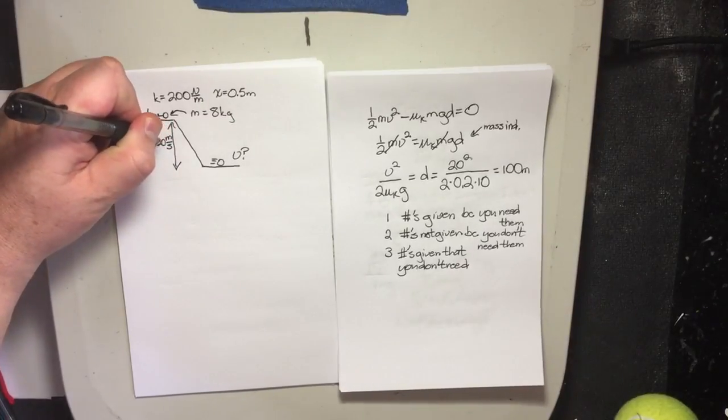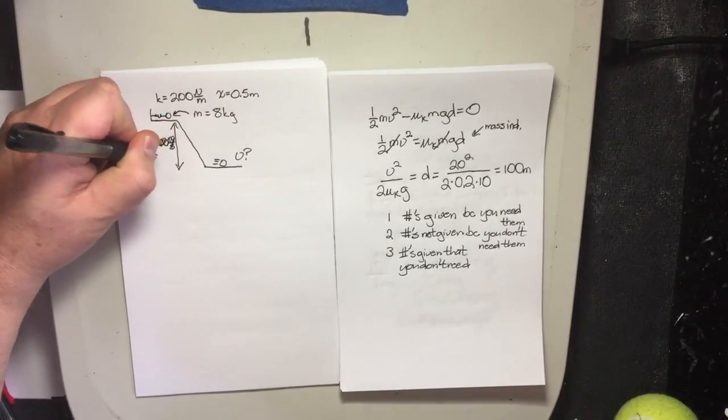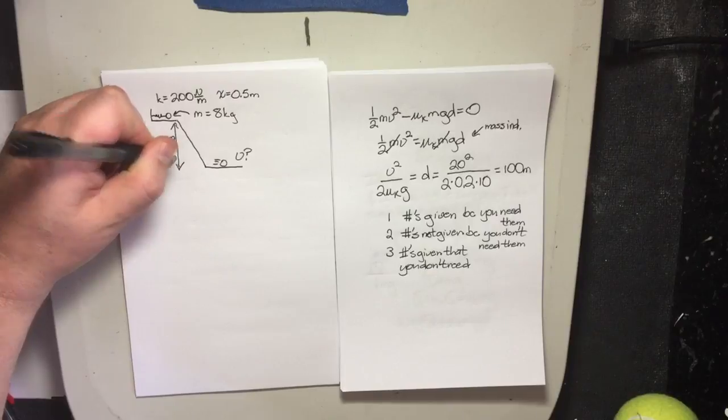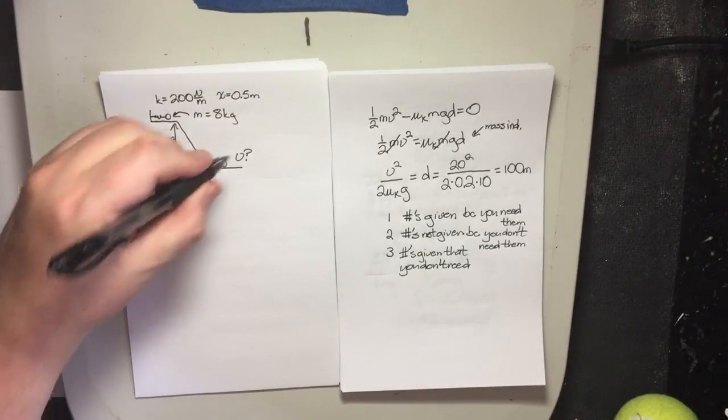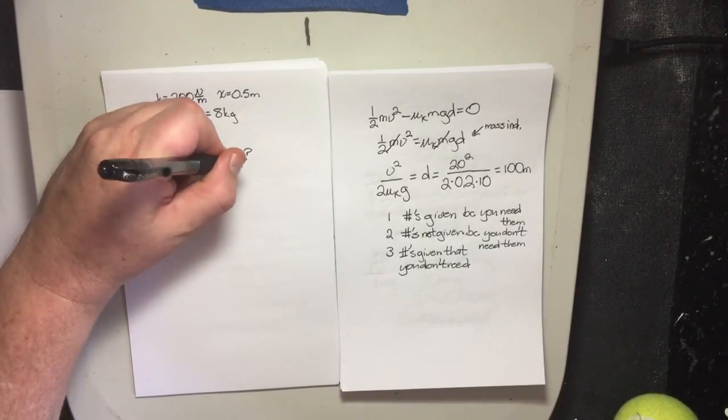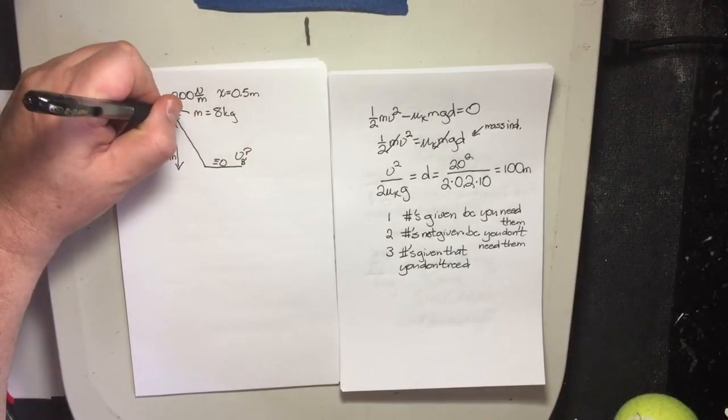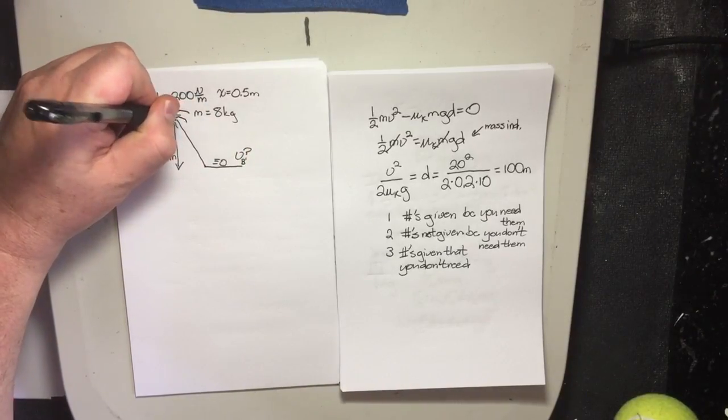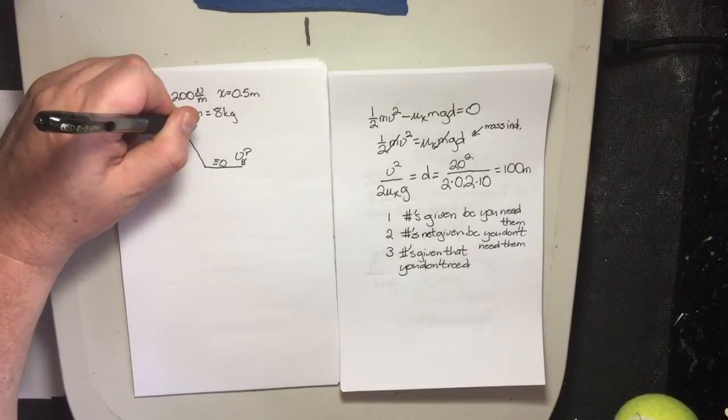Did you mean to put 20 meters per second for the height? No, I did not mean to put 20 meters per second for the height. 20 meters. Okay. I want to know, and actually I'm going to write VB and VA.